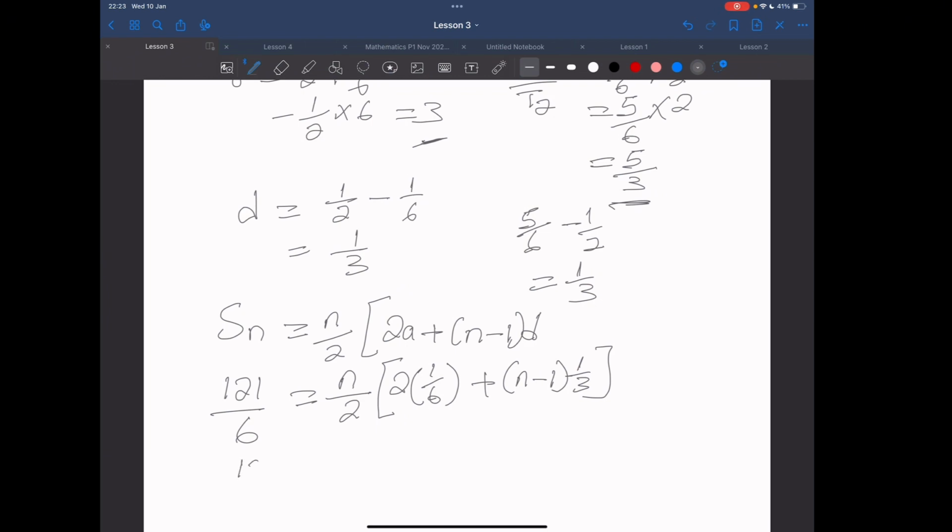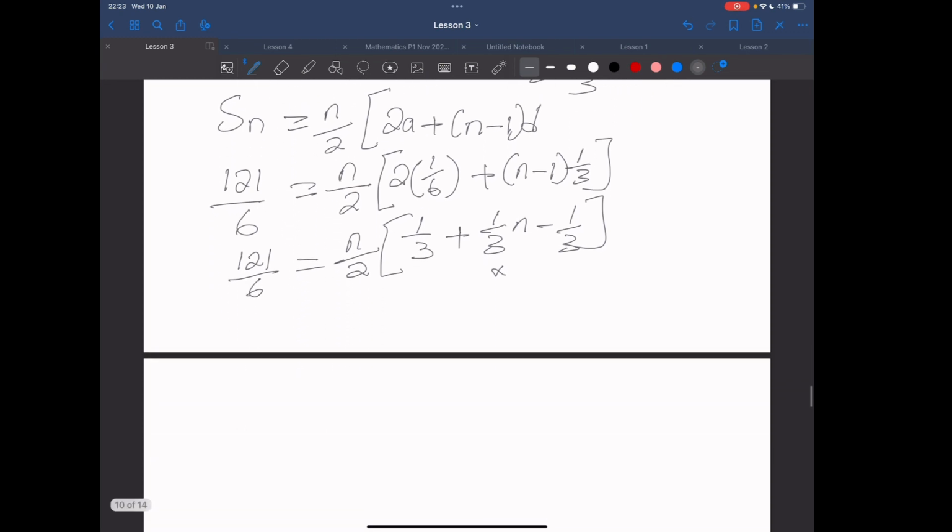We have 121 over 6 equals n over 2. Multiplying out the bracket, 1 over 3 times n is 1 over 3n, and 1 over 3 times minus 1 is minus 1 over 3. Now 1 over 3 subtract 1 over 3, so we are left with 1 over 3n inside the bracket.